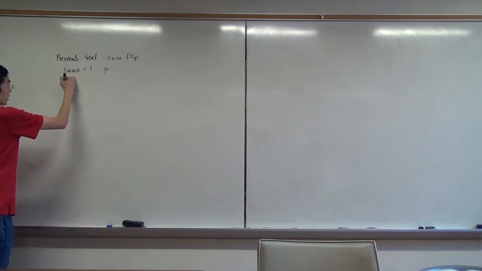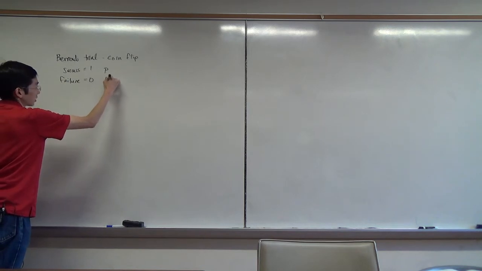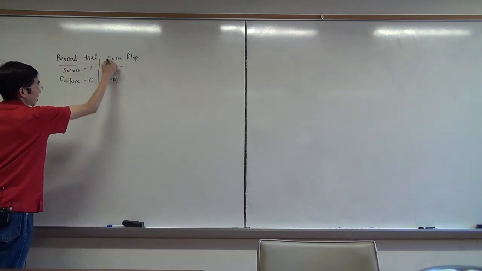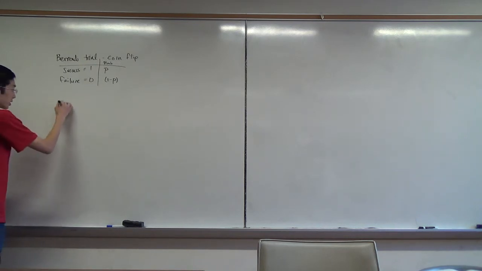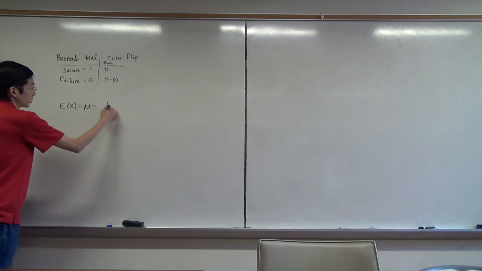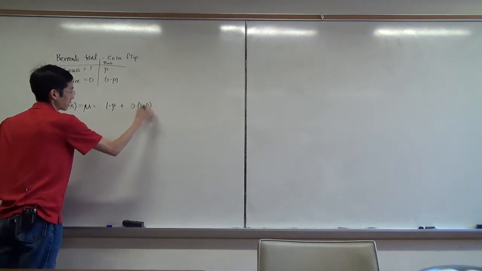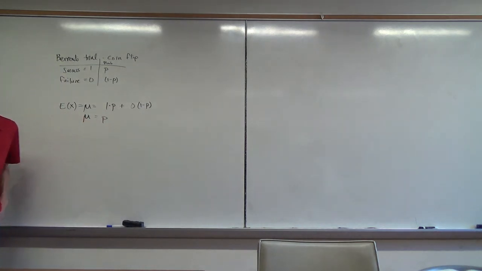And we have failure, which equals 0 with probability 1 minus p. This is our probability table, right? This is okay with everyone. So the expected value, or the mean, would be 1 times p plus 0 times 1 minus p, and so I get the mean to be equal to p.